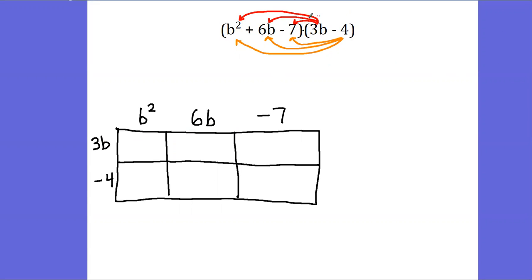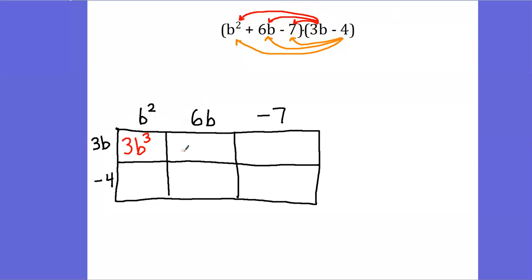So the first one, I said I need to take 3b and multiply it by b squared. Well, that's right here in this grid. 3b times b squared is just 3b cubed. B times b squared, add those exponents, b cubed. All right, now I need to take 3b times positive 6b. That's this part.